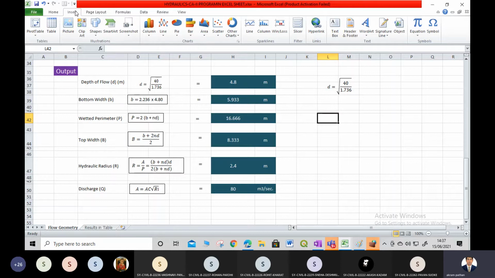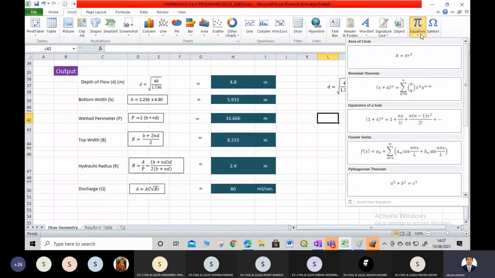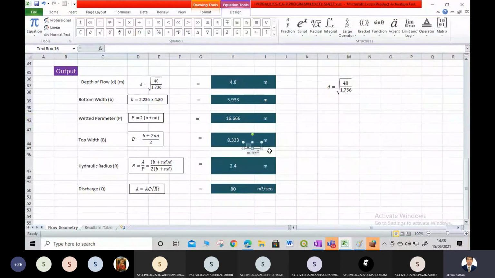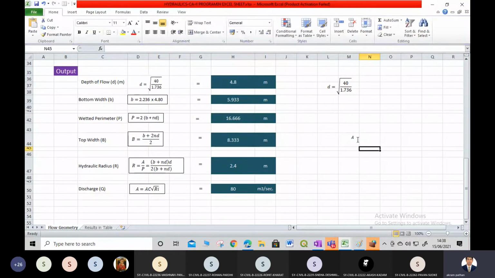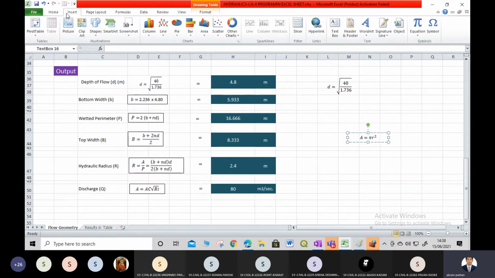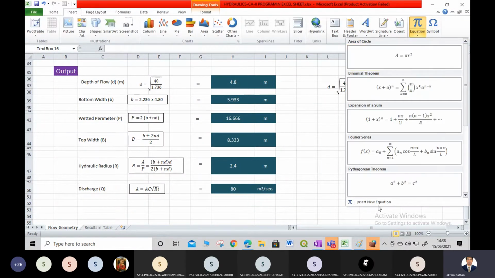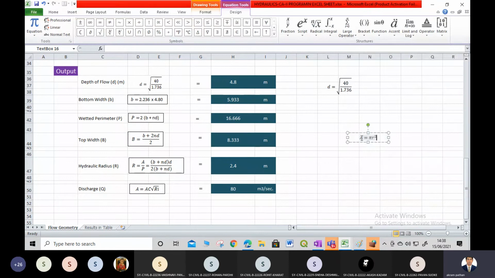Then top width is B plus 2ND by 2. From the insert section, insert the equation. Okay, we have inserted the equation here. Then again go to that section, insert the equation. What is that equation?